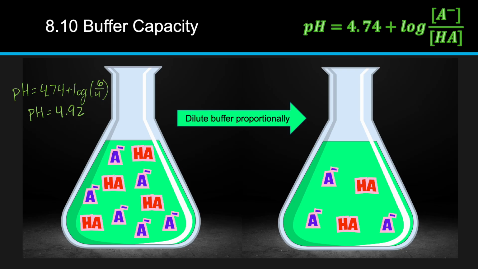So let's plug that into Henderson-Hasselbalch and see what happens to pH. And again, it's going to have the same pKa because it's the same weak acid, so that's not changing. So plug that into your calculator and see what you get for pH.